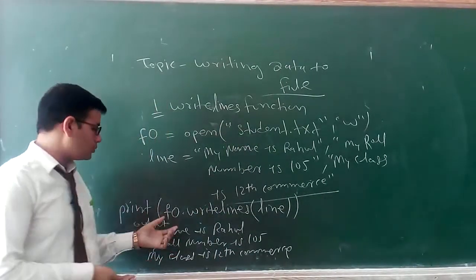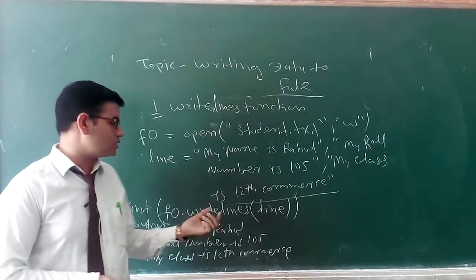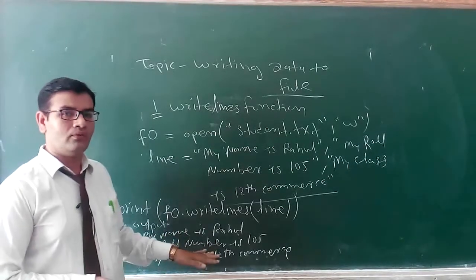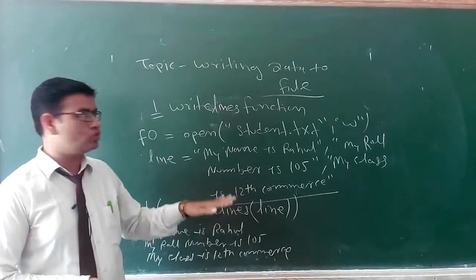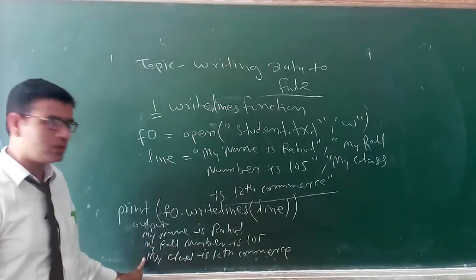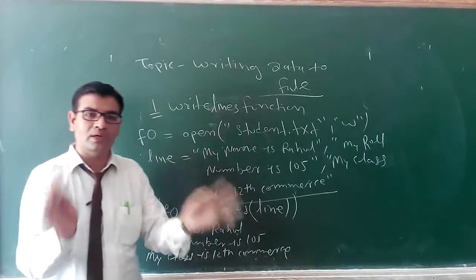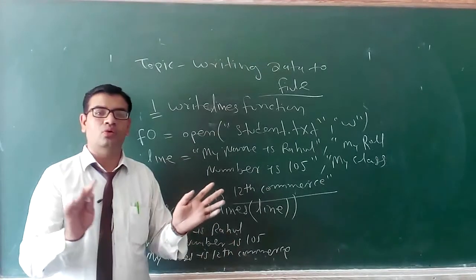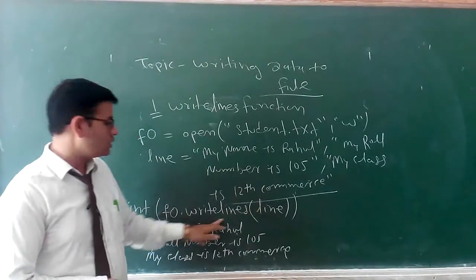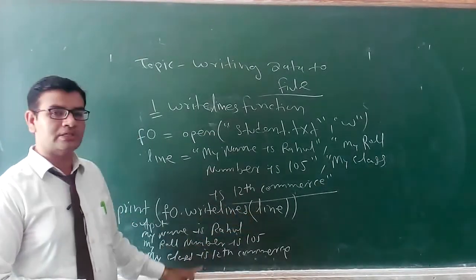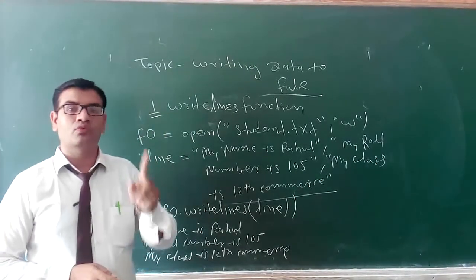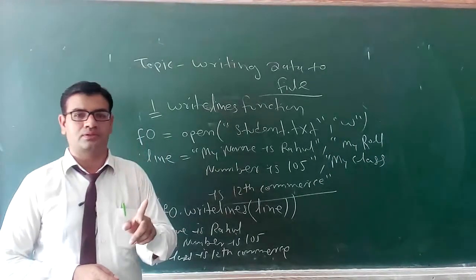When we see the output of the writelines function, the total number of lines you have passed in the writelines function will be displayed on the output screen. No numeric data will be provided. But only the write function will display the number of characters.